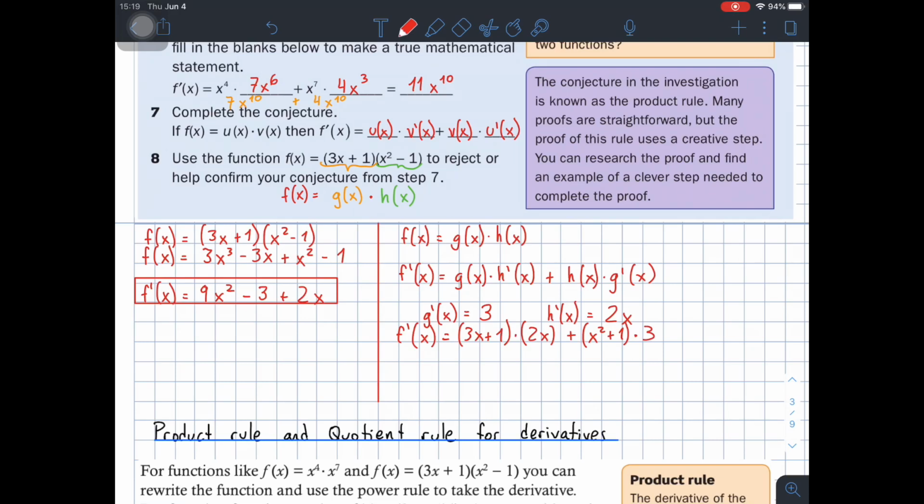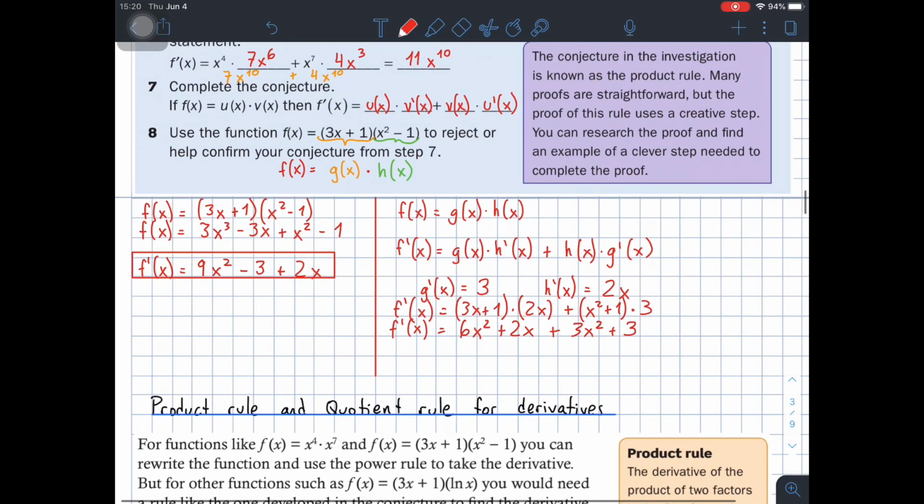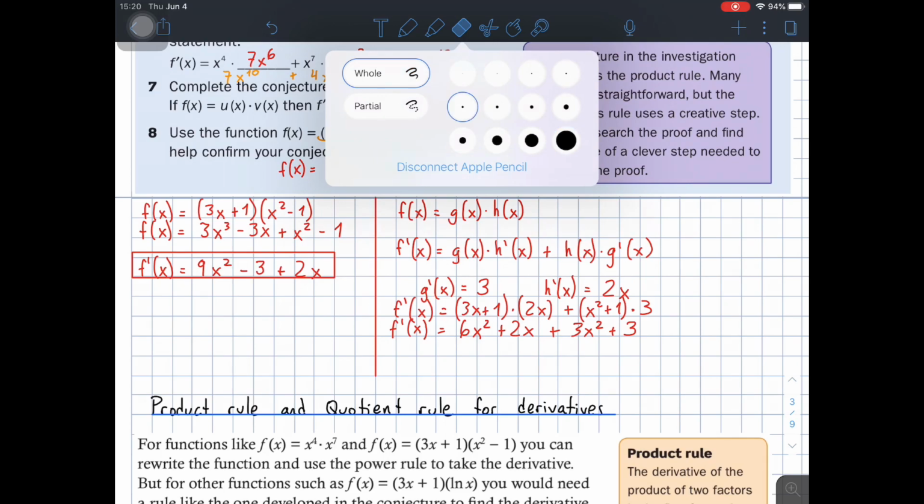Okay, so if I expand this, we should get the result. I'm going to distribute this. This would be equal to 6x squared plus 2x plus 3x squared plus 3. No, sorry, this was a negative 1 here.